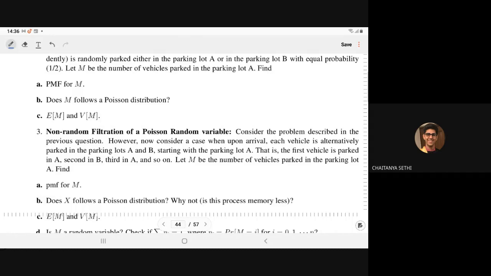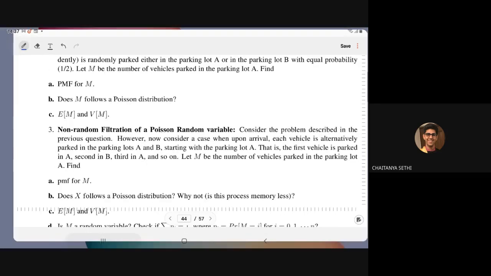One by one it goes alternately to parking lot A or parking lot B, starting with parking lot A. That is, the first vehicle is parked in A, the second in B, the third in A, and so on. Let M be the number of vehicles parked in parking lot A. Find the PMF of M. So it is more or less the same type of question.